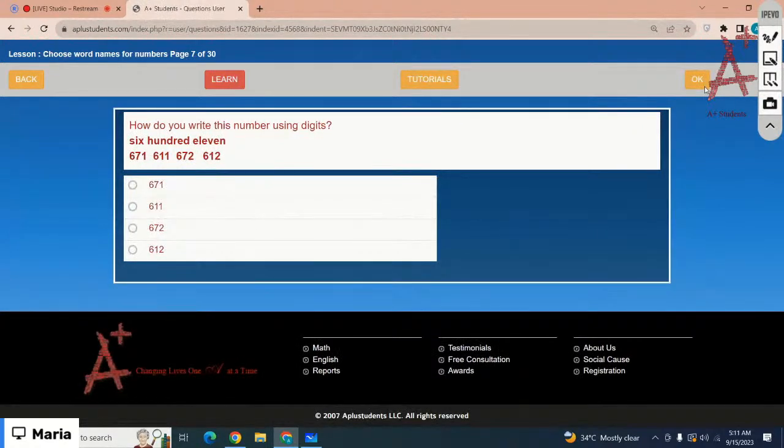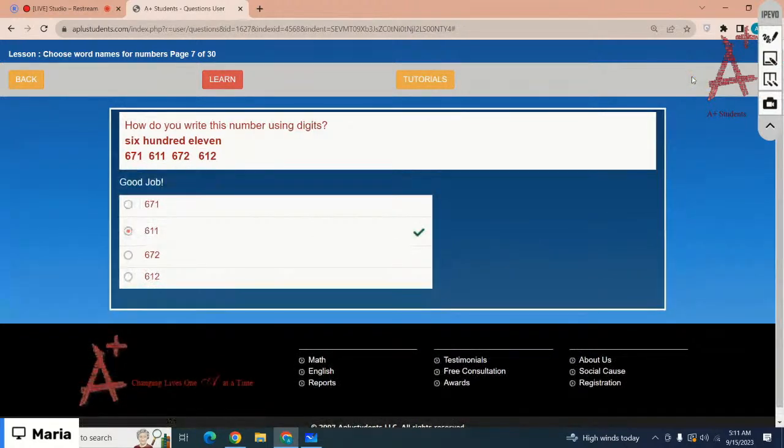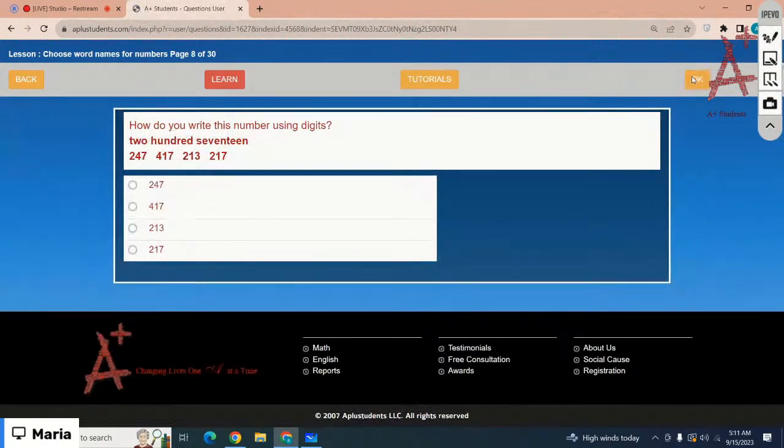How do you write this number using digits? 611. So, which is the correct option? Very good. The correct option is the second one. How do you write this number using digits? 217.